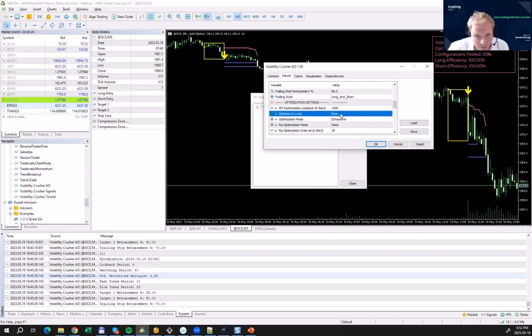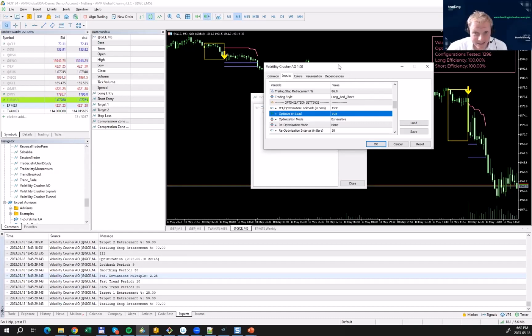You switch this parameter, optimize on load, to false. And once you do this, the signal that you use for your trade will always stay where it was, because you will use the same settings that the indicator used when the trade was taken or when this original signal was generated. Okay, so that's one thing.